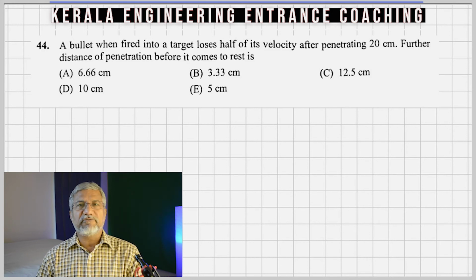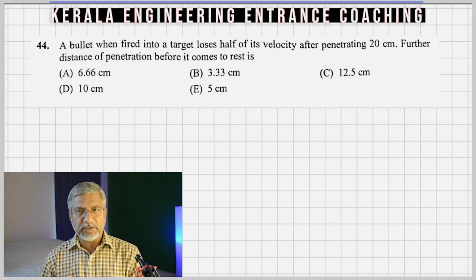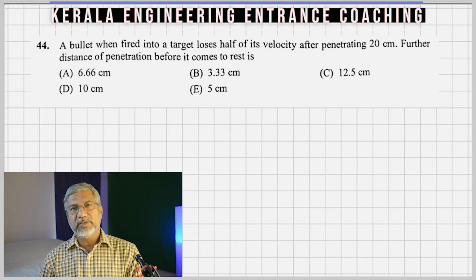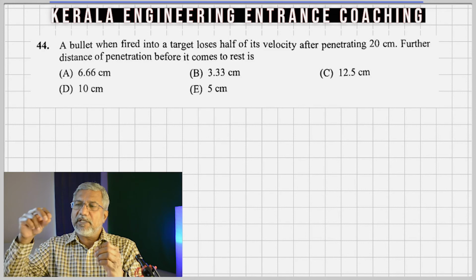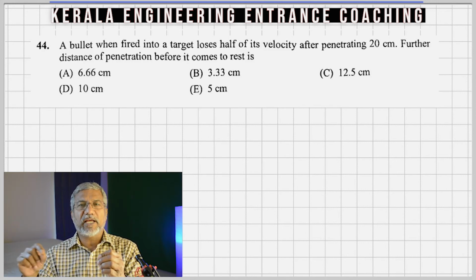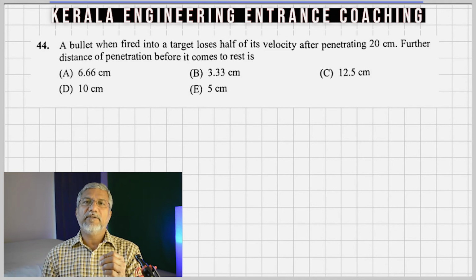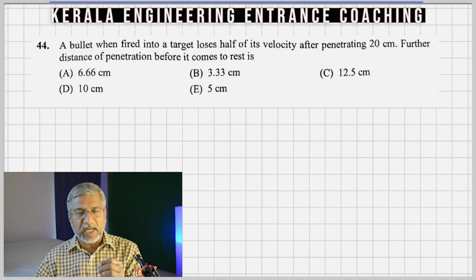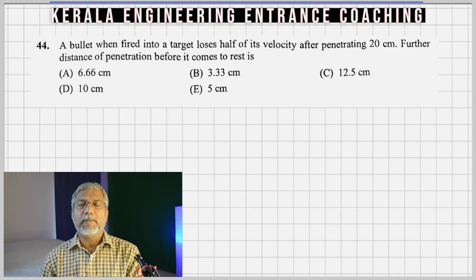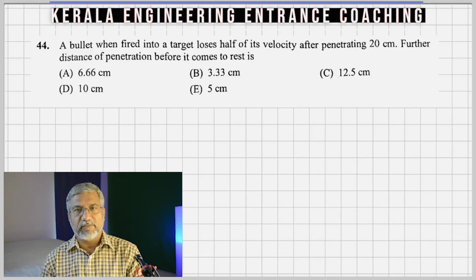So we have to be careful here. It's always good to work in terms of energy. Initially the bullet had kinetic energy. Because kinetic energy is 1 half mv squared, when the velocity becomes half, the kinetic energy becomes a quarter, 0.25.